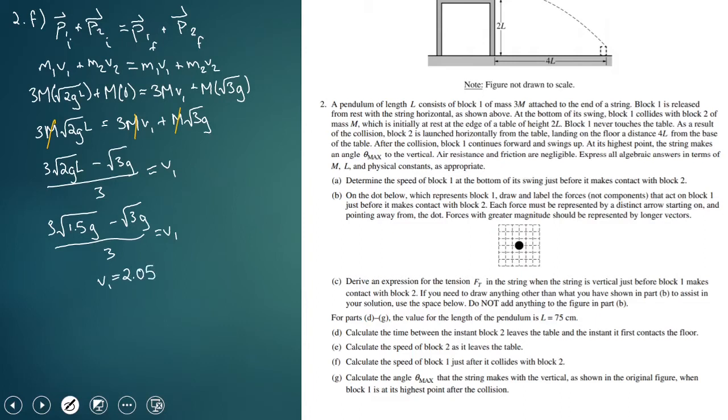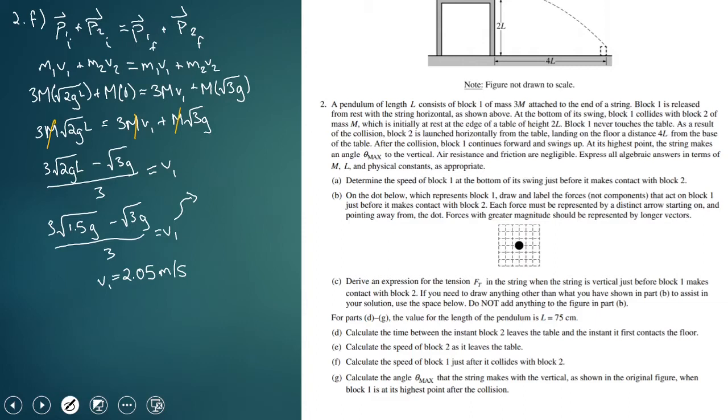So I'm just going to round that to 2.05. If you utilize g equals 9.8, I believe you should get something a little bit closer to 2.01. But still very similar answers. And so you know that the steps that were done do make sense. If you did want to simplify this, we could divide stuff by 3 and do it that way, or you could distribute this 3 inside the square root and then try and factor some stuff out.